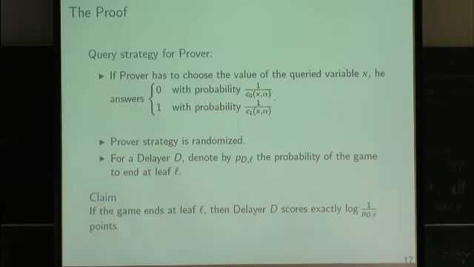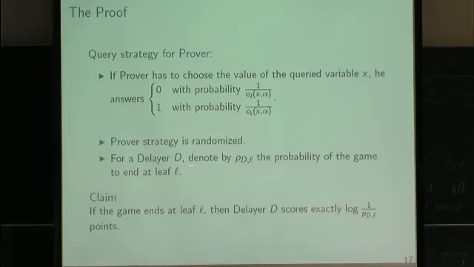And now the important point is what kind of strategy the clever prover should use. If he has to answer to variable x, then he answers probabilistically and exactly with these two probabilities. So you see, first thing is the prover strategy is randomized, and let's denote for the delayer d by PDL the probability of the game to end at leaf L. Now we make the following claim.